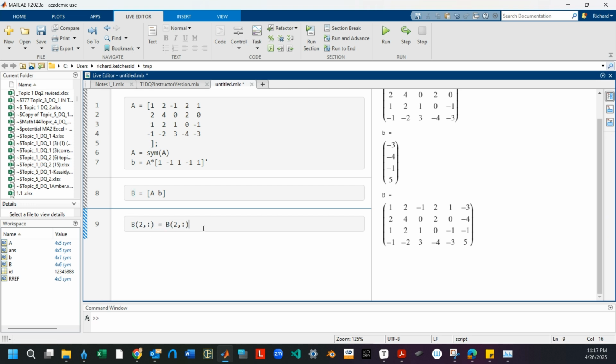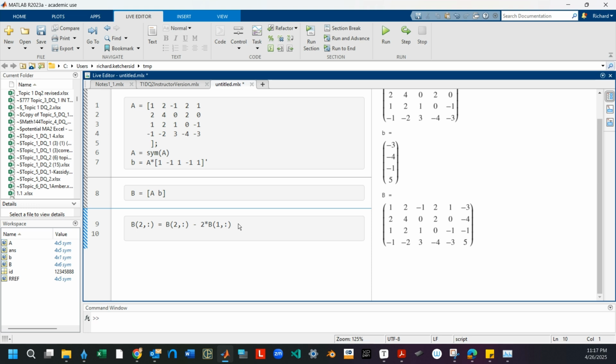So this is the old version of the row, and this will be the new version of that row. And I'm going to subtract off 2 times B1, the first row. So that's what I want.